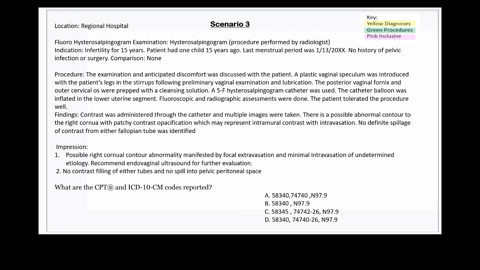Impression, number 1, possible right cornual contour abnormality manifested by focal extravasation and minimal intravasation of undetermined etiology. Recommend endovaginal ultrasound for further evaluation. Number 2, no contrast filling of either tube and no spill into the pelvic peritoneal space.